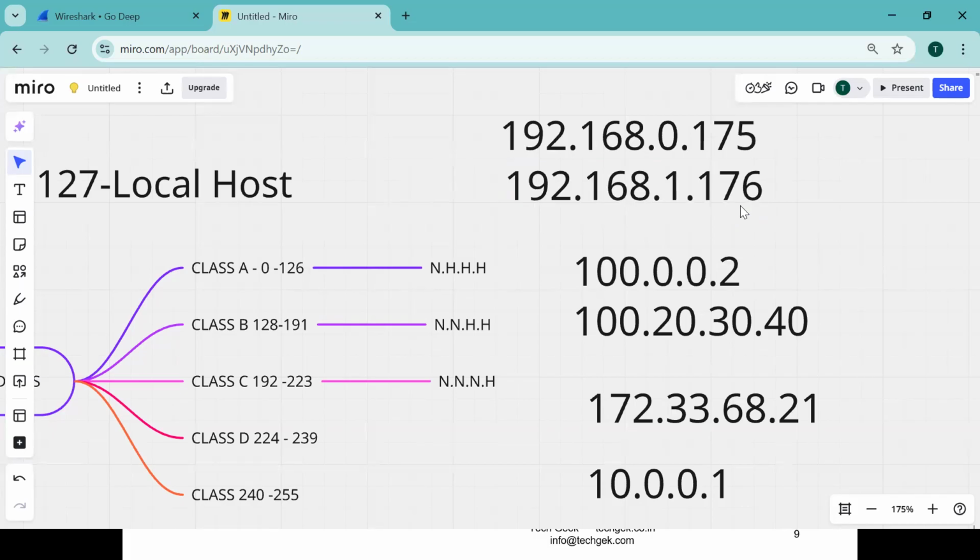We have 192.168.0.175 and 192.168.1.176. Same class. Okay, very good. Are they from the same network or a different network? They are from the same class. Ankita is right. But do they belong to the same network or a different network? What do you say about this?